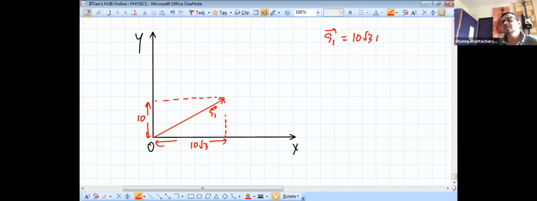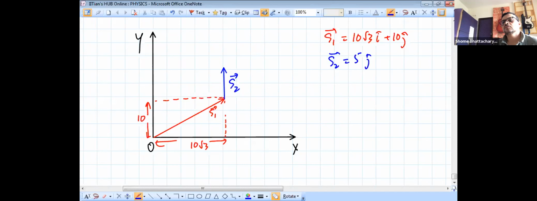It's 10 root 3 i cap plus 10 j cap. Then it made a displacement of S2, which is along the y-axis, and was of magnitude 5 meters. So it would have reached some point like this. So S2 was 5 j cap.